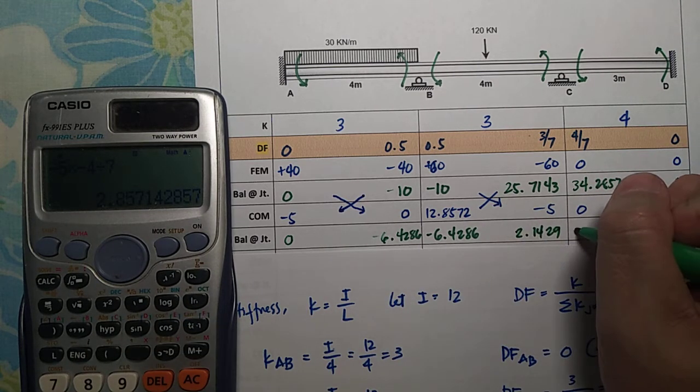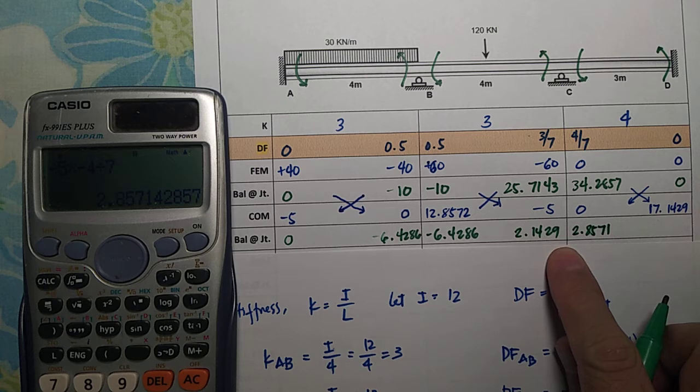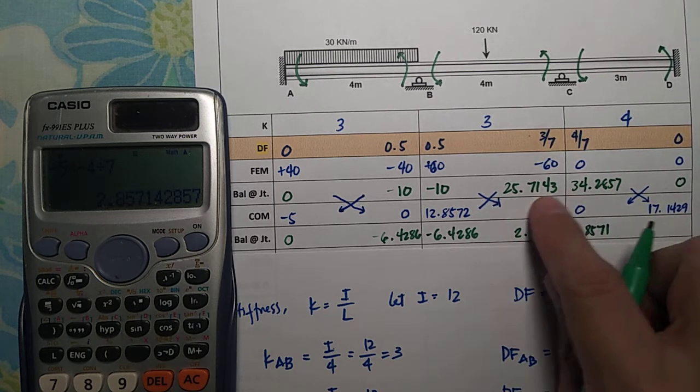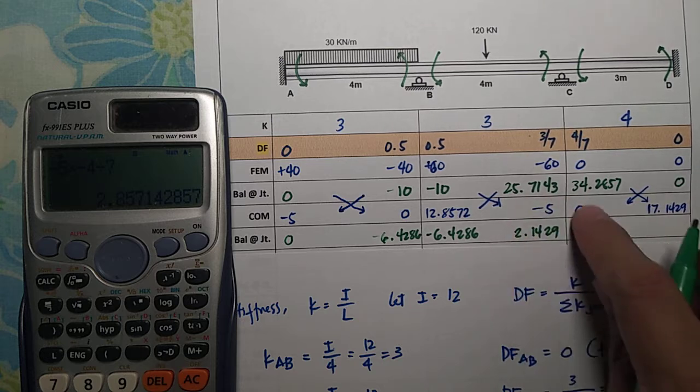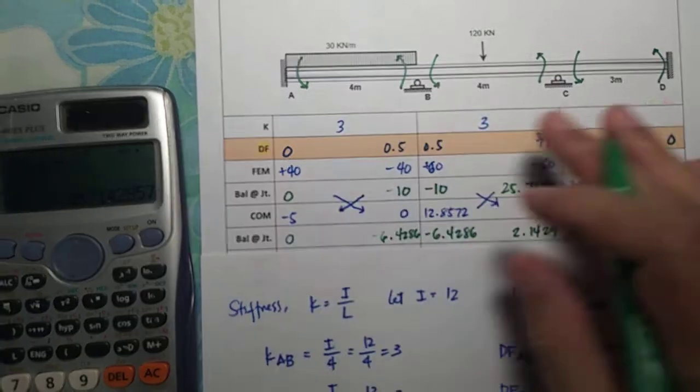So, that's 2.8571. Again, to check kung tama itong mga ginagawa natin, you get the summation of all these moments at this joint. Dapat 0 ang sagot. Then, for this one, 17 times 0, so 0 pa rin siya. Okay? So, yan yung balance moment.